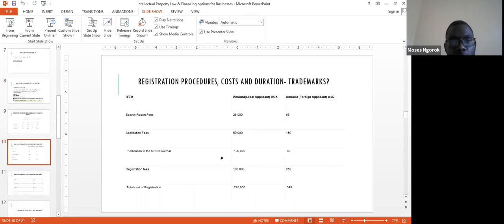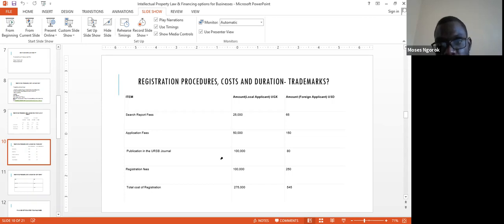The next thing we're looking at is the costs of registering a trademark. Usually for a local applicant, that is a local company, these are the fees. Search fees, 25,000; application fees, 50,000; publication, 100,000; registration fees, 100,000. So the total is about 275,000 shillings.